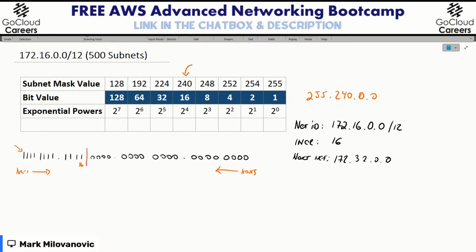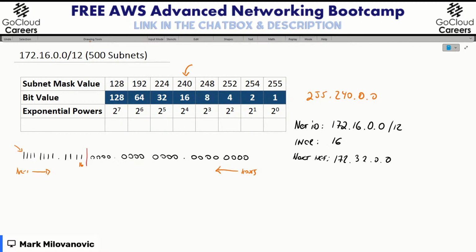So what our job now is, we need to borrow bits from the host portion, going from left to right, and add them to our network portion so that we can create an additional 500 subnets. So this is now taking a larger piece and carving it into smaller pieces.